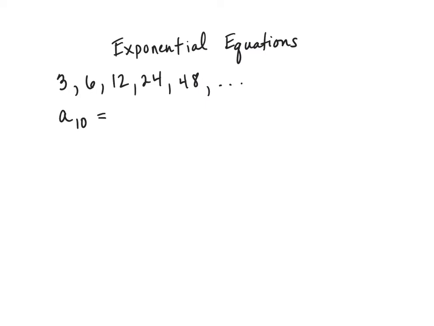And the way we do that is we start at 3, and every time we move forward, we multiply by 2. And to get to the 10th term, because I'm starting at the first term, I only have to multiply by 2 9 times, and that will give me the 10th term.